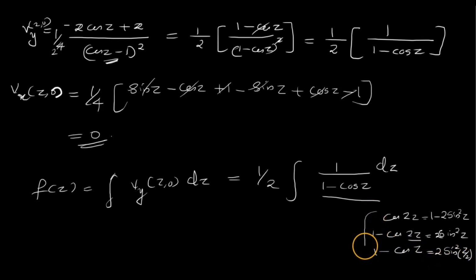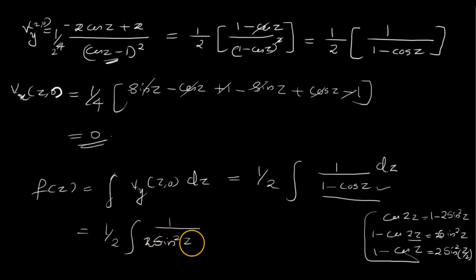So substitute this term here. What we get? 1 by 2 integral 1 by 1 minus cos z, which is 2 sin square z by 2, dz. Now substitute t for z by 2.